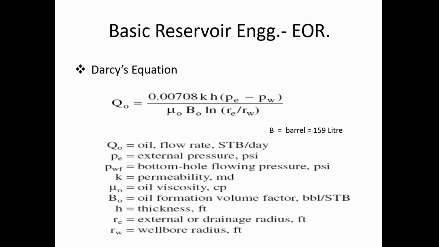As you see, for tertiary recovery, the major tackle is to play with the viscosity of oil, mu naught. Most of the tertiary methods try to reduce the value of mu naught. If mu naught gets smaller, then surely Q naught will be larger, so I increase the production.